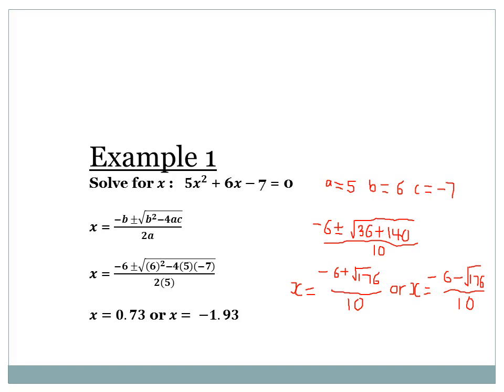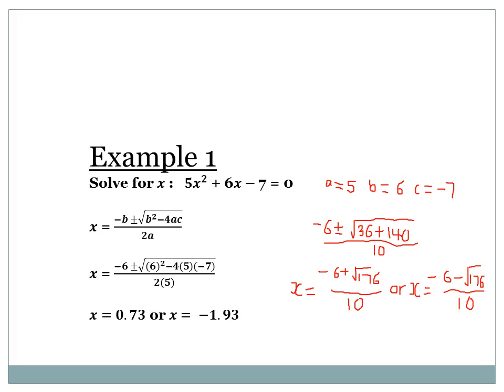So now 6 to the power 2 means 6 multiplying 6, and we are going to have 36 as we see it in the workings. And negative 4 times 5 will give us negative 20, and negative 20 times negative 7 will give us positive 140.